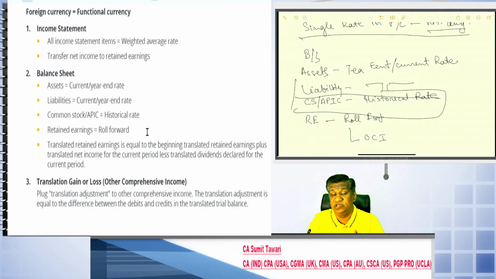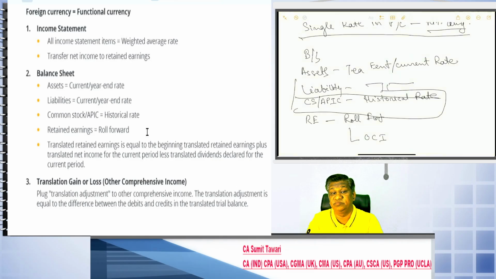We need to recognize the differences at two levels: one in the income statement, because there we also use two rates, and one in the balance sheet, which we do in remeasurement or the temporal method. In the translation method or current rate method, we use a single rate for the income statement, so no difference arises there. In the balance sheet, we mostly use the current year-end rate, and only for the equity section do we use the historical rate.